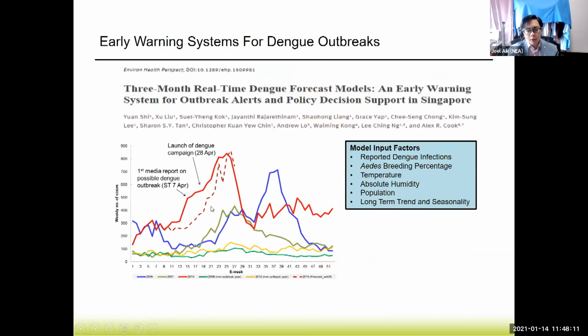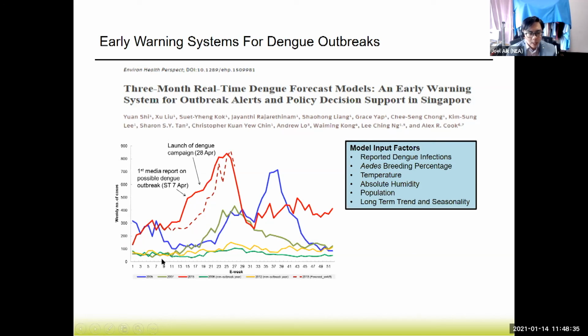So in Singapore, what we've done is, based on the surveillance program that we've put in place, we were able to collect information on dengue infections, entomological indices, weather, and using modeling to account for long-term trend and seasonality. So we were able to develop a dengue forecast model, and the earliest use was in 2013.